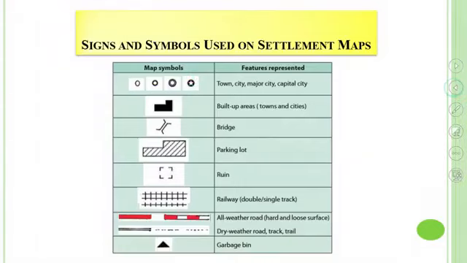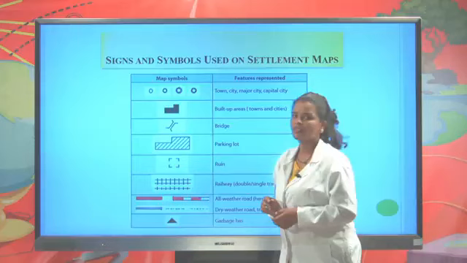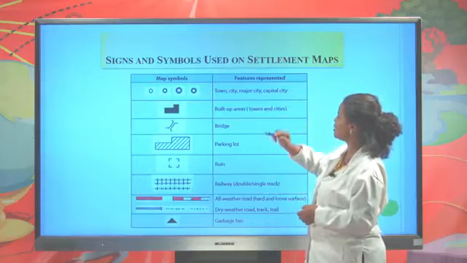Students, let us see this table. It shows signs and symbols used on a settlement map. So these signs represent town, city, major city, and capital city.